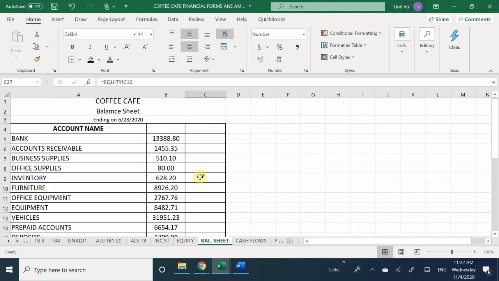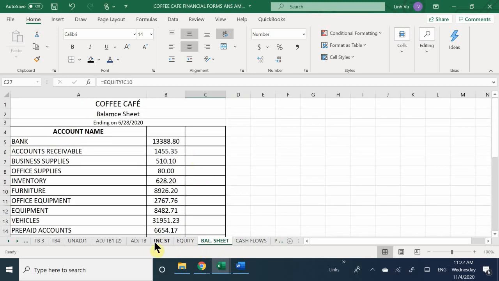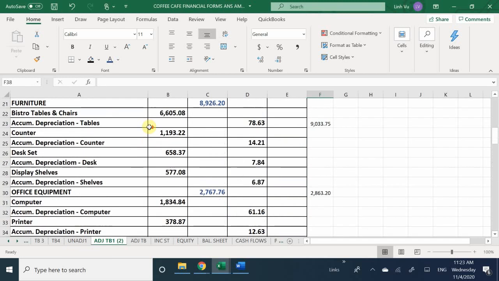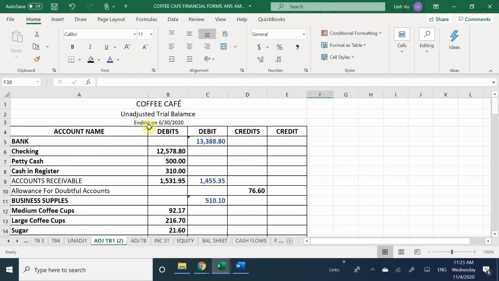If I go to my balance sheet, actually not my balance sheet because that's not my checking. I have to go to my trial balance. Okay? So what am I supposed to actually have in my bank account? I'm supposed to have 12,000. So I'm off by a lot.